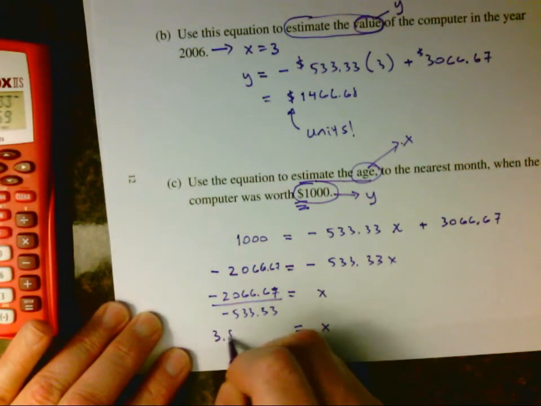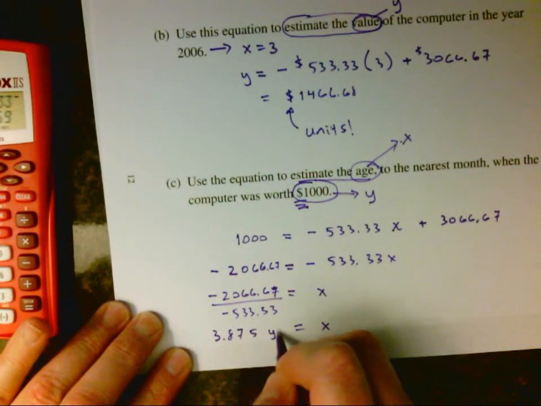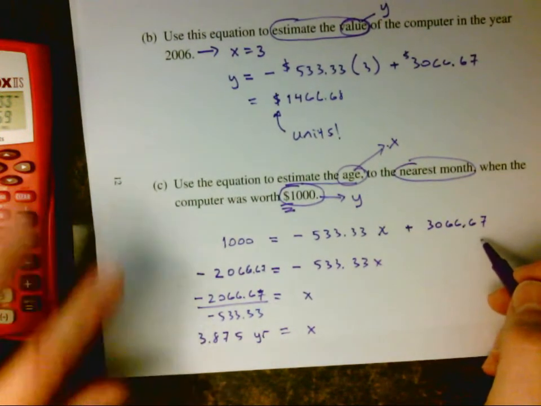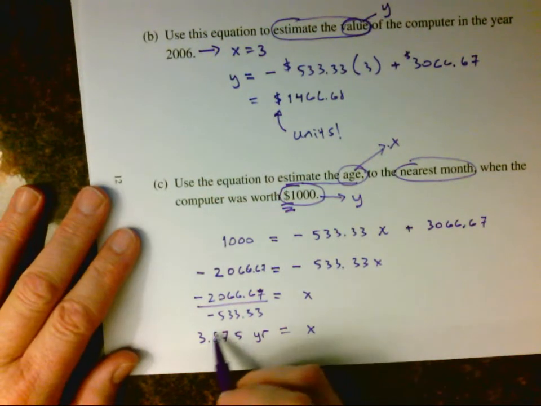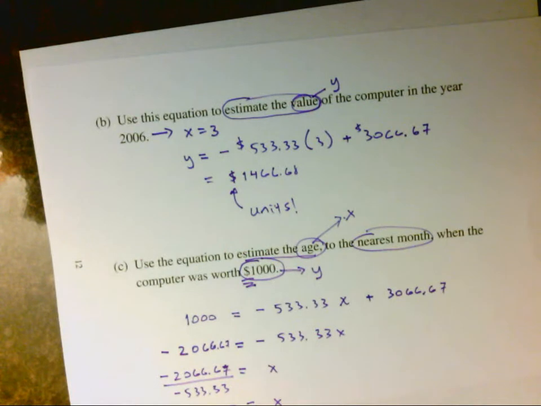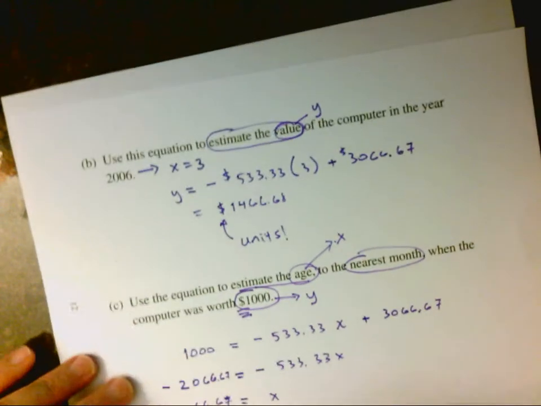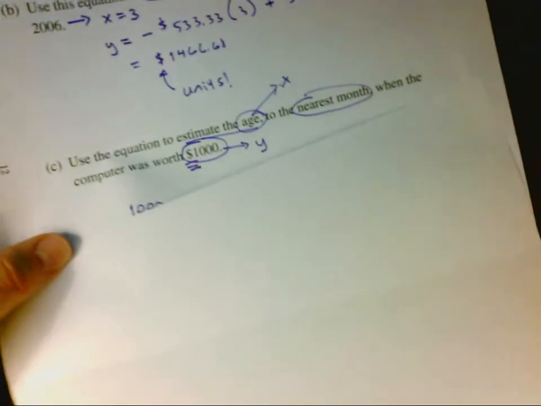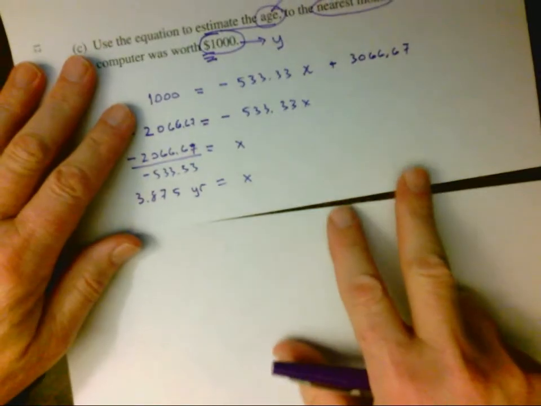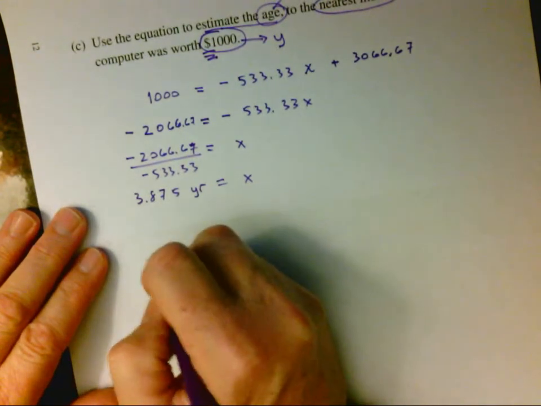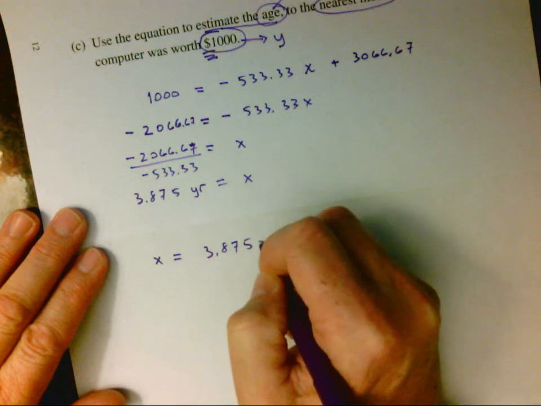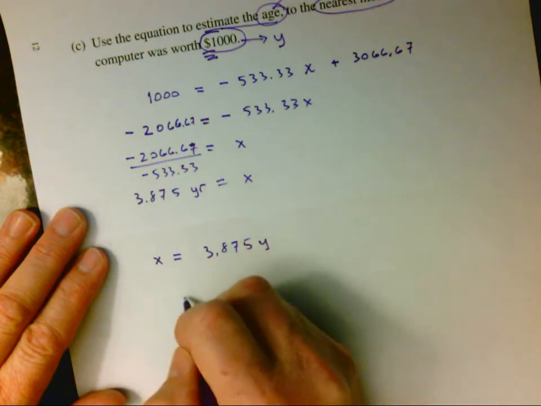So 3.875 years. But they said to the nearest month, so they don't want decimal years, they want years and months. So how many months is 0.875 of a year? Once again, jumping to another sheet of paper to have some room to work. x equals 3.875 years.